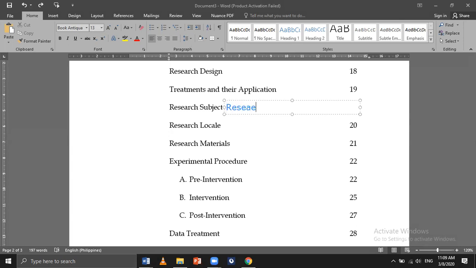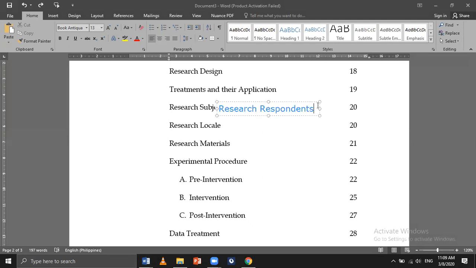However, this will be known as research respondents in your non-experimental quantitative research. So if you are doing non-experimental quantitative research, just change that into research respondents.